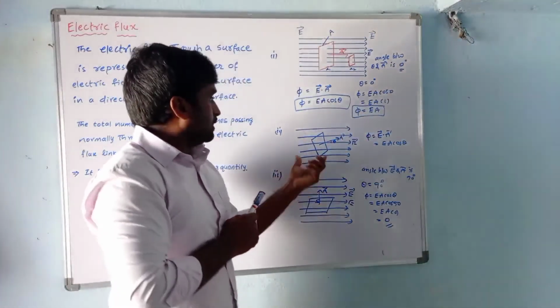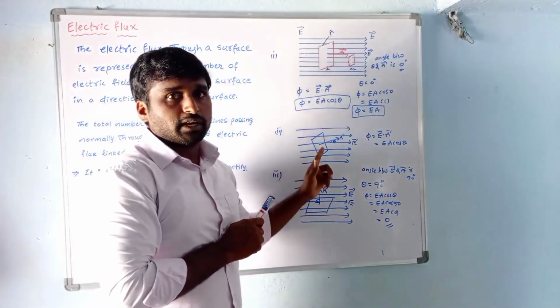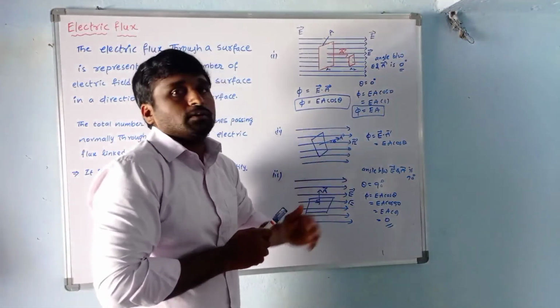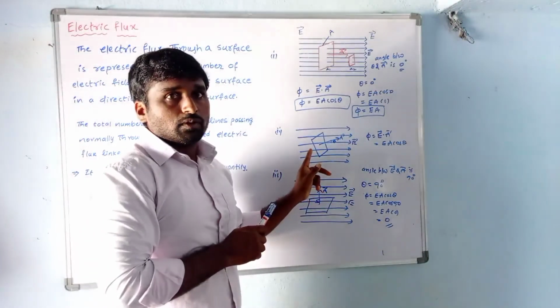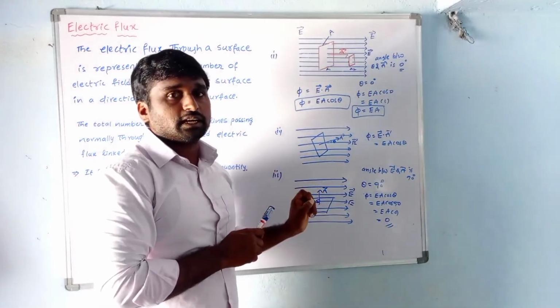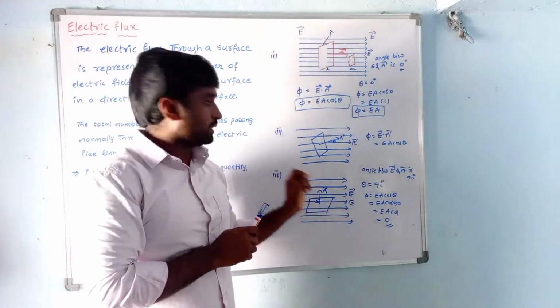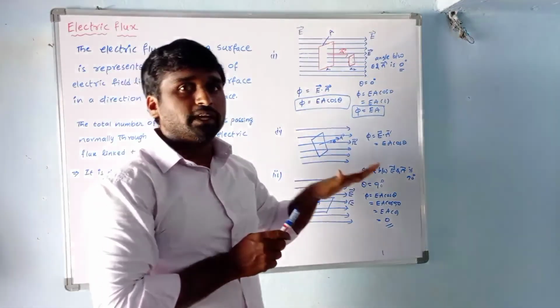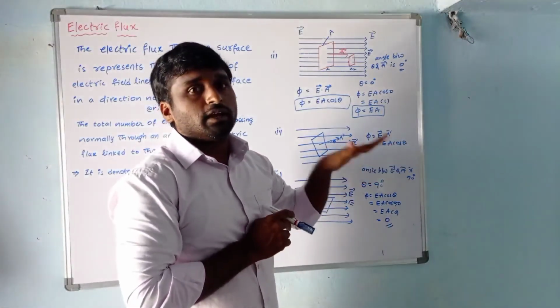In the second case, we will get some electric flux. Here, there is an angle between the electric field lines and the area vector. We will get the least electric flux, which can be considered zero flux, when we take the plane surface parallel to the electric field lines.